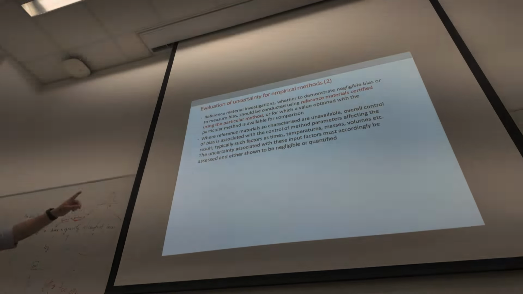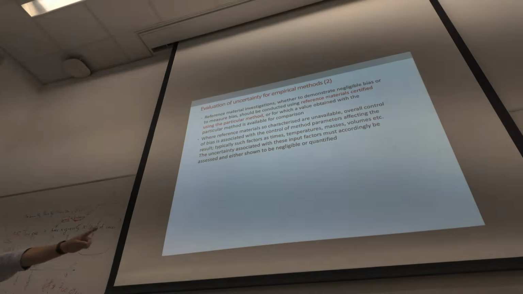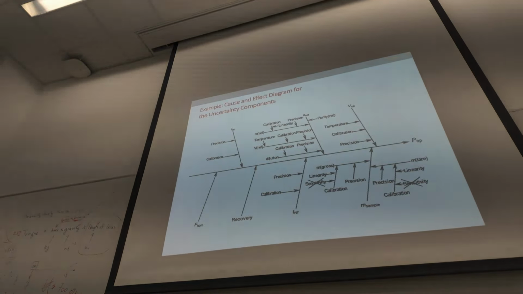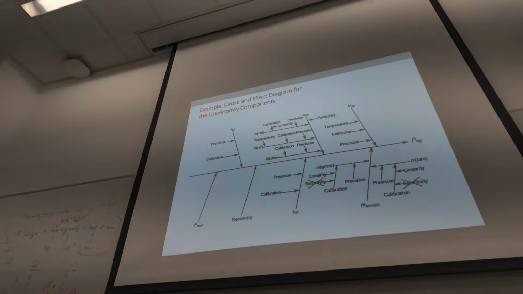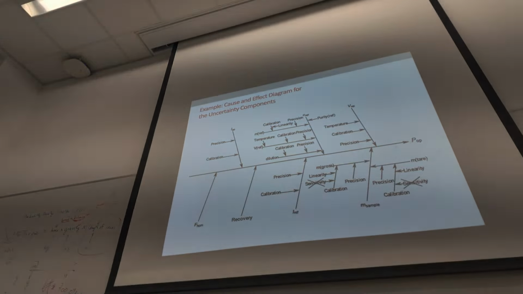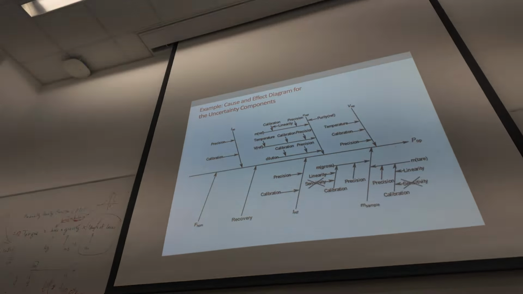Empirical methods do not have bias studies, only have the precision and the purity, and also some residual physical uncertainty. That's it. I won't ask you to draw this kind of fishbone diagram. No need.